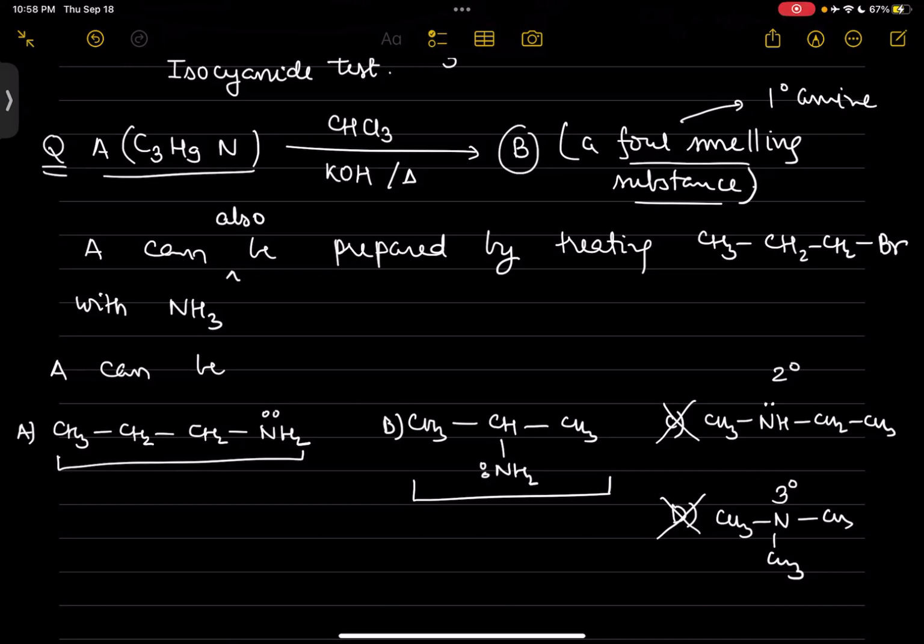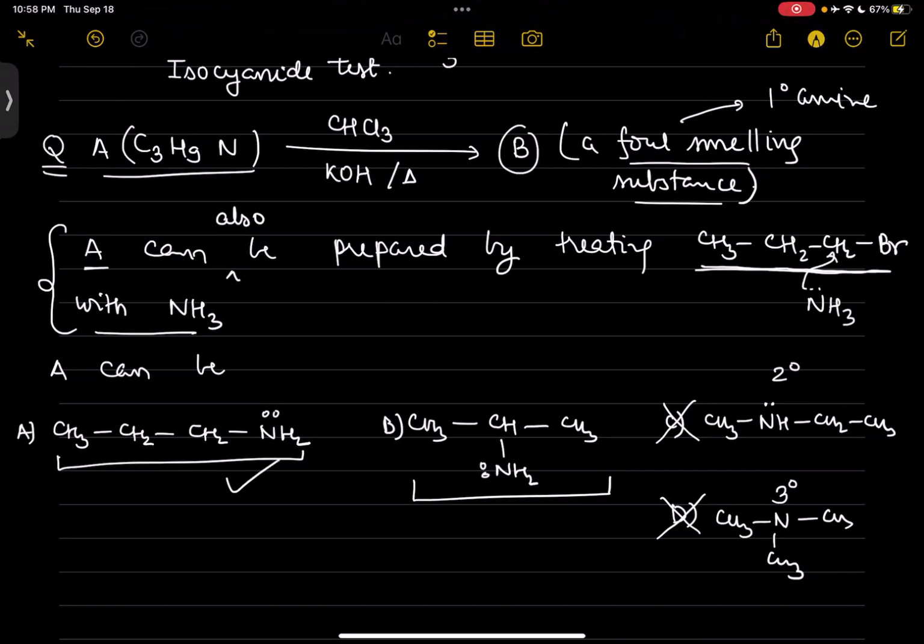So whether it is A or B is clearly mentioned in the next statement. This amine can also be prepared by carrying out ammonolysis of 1-bromopropane. This is ammonolysis. So if you carry out ammonolysis of 1-bromopropane, which amine are you going to get?